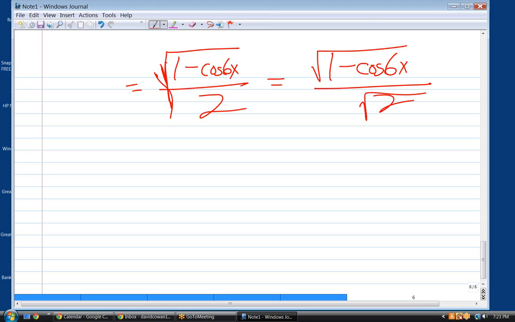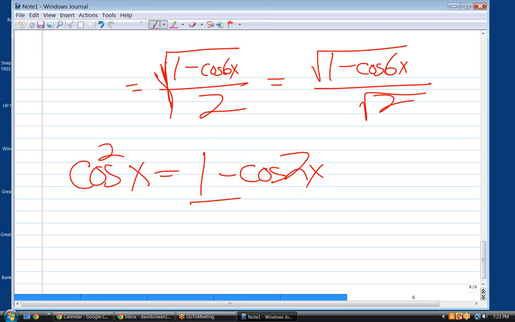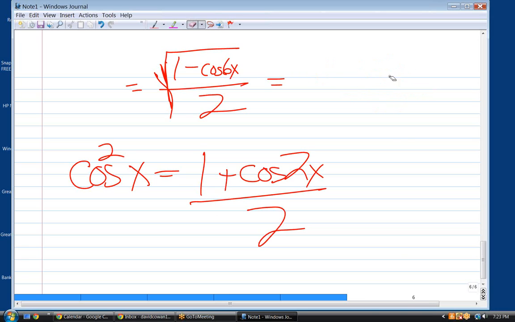So if I know that cosine squared of x equals 1 plus cosine of 2x over 2, that would make cosine squared of 3x equal to 1 plus cosine of 6x over 2.